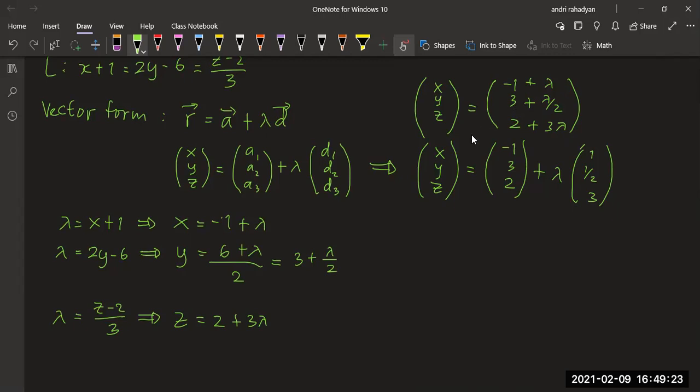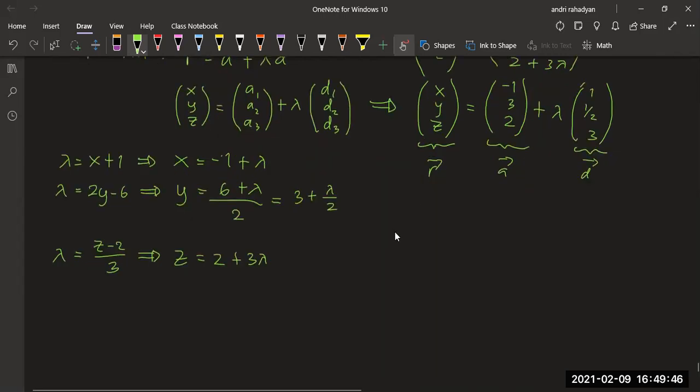This is r, this is vector a, and this is vector d, the direction vector of the line L.